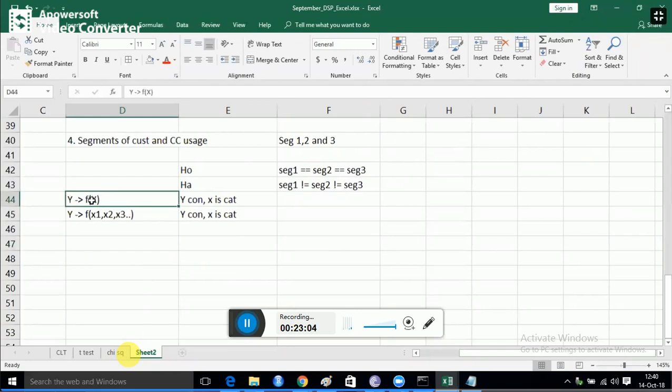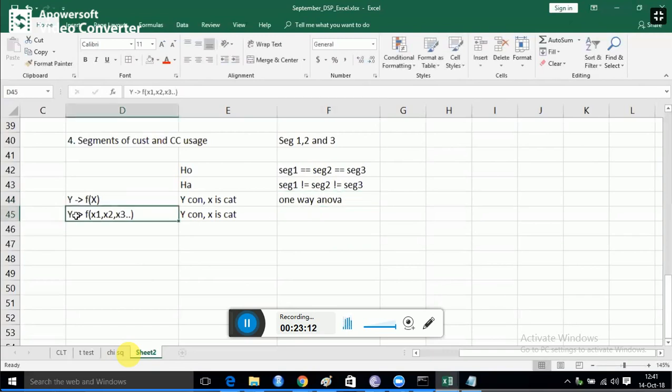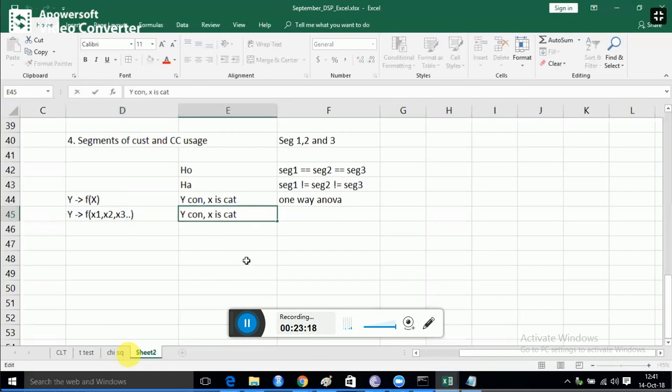Is that clear, Uttam? Okay, got it. So hence that's a one-way ANOVA. Here y is one and x is multiple variables, multiple categorical variables: x1, x2, x3, all categorical variables. Right? Is that clear now, Uttam? Yes. All right.